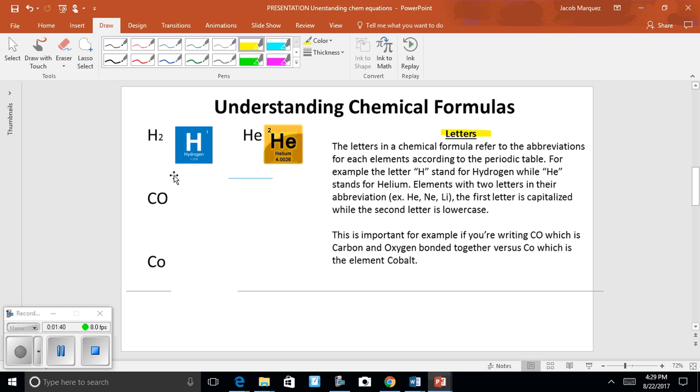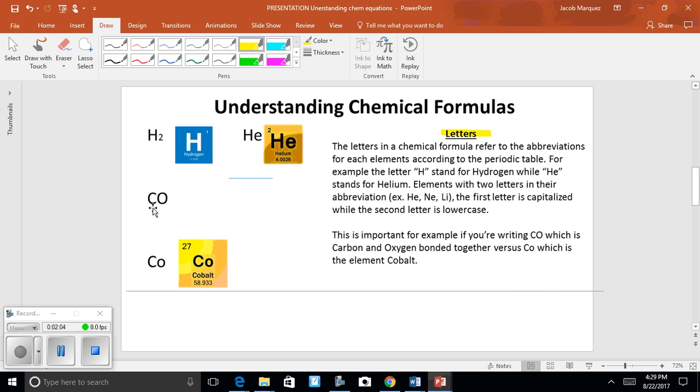Okay? Now, we're coming up with another situation here. We have a capital C, capital O, and a capital C with a lowercase o. So what's going on in this situation? Well, remember what I just said. Whenever you have a capital letter and a lowercase letter next to it, that's referring to one element. In this case, Co is cobalt, the element cobalt.